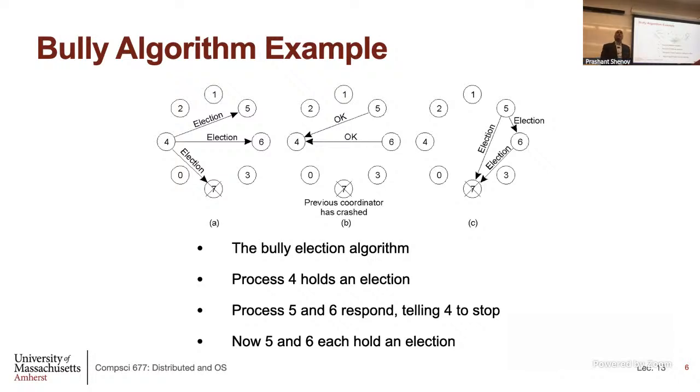Okay, question is, how are the IDs assigned? In this case, IDs are assigned randomly. We are just assigning numbers 0 through n. Okay? But as you pointed out, there could be many policies to assign higher IDs to nodes. That could be based on resources. That's a good way to do it, saying, let's give higher IDs to processes which have more resources, because coordinators do more work. Okay?